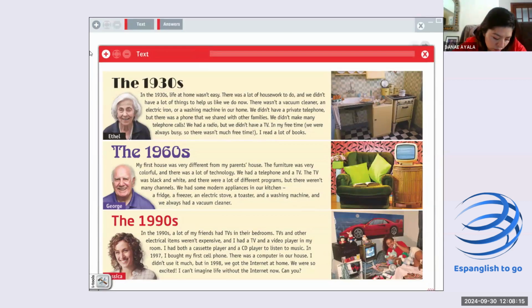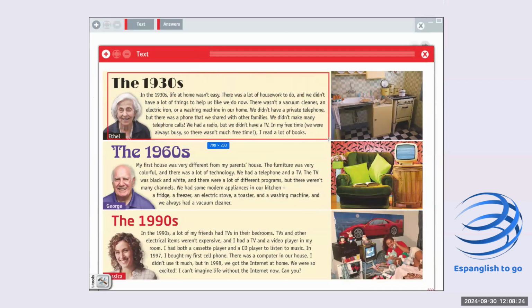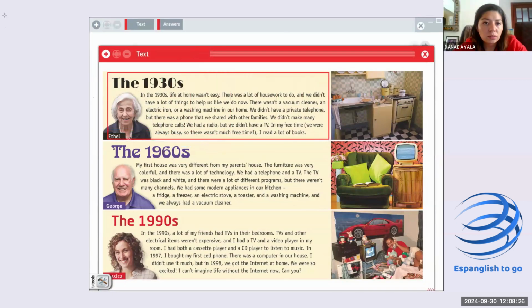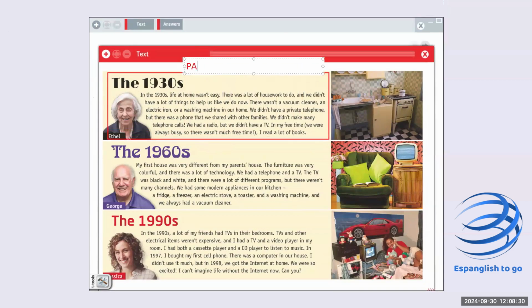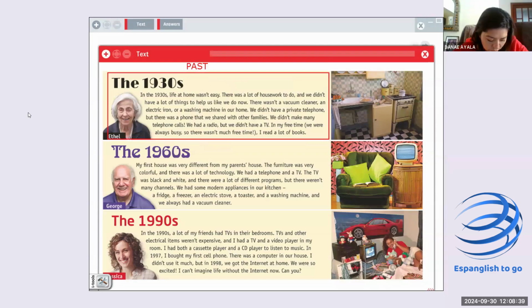In the first paragraph, we have the verb have, but in the past form. You have to find the past form of have. Yes, here it is.